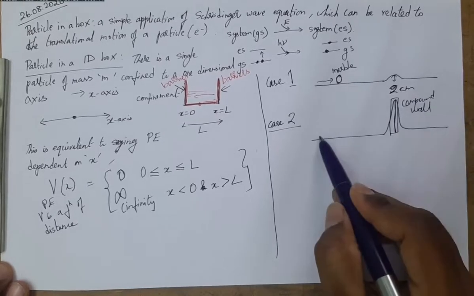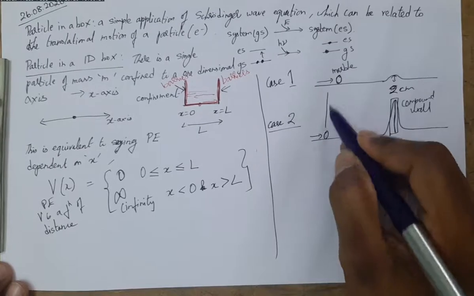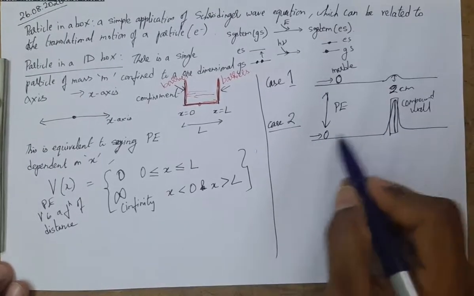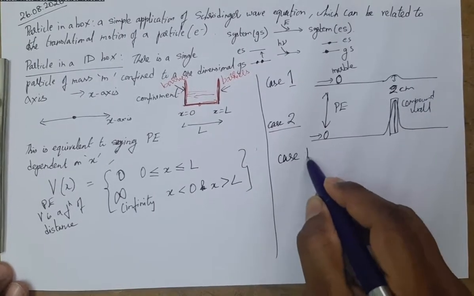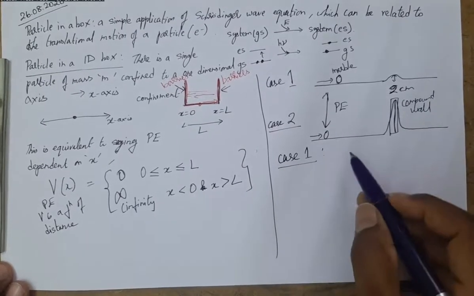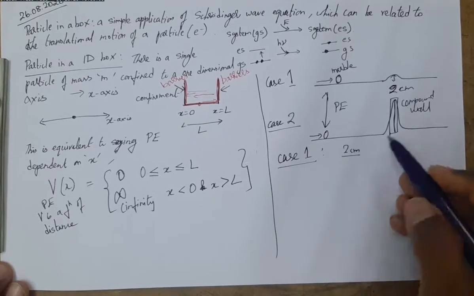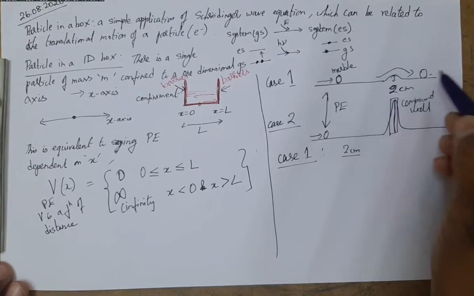So in case 1, you roll the same marble with the same energy. You push the marble with the same force. So what happens in case 1? The marble will cross this barrier, because this is just 2 centimeters. It will just roll over, and the marble will be found here.